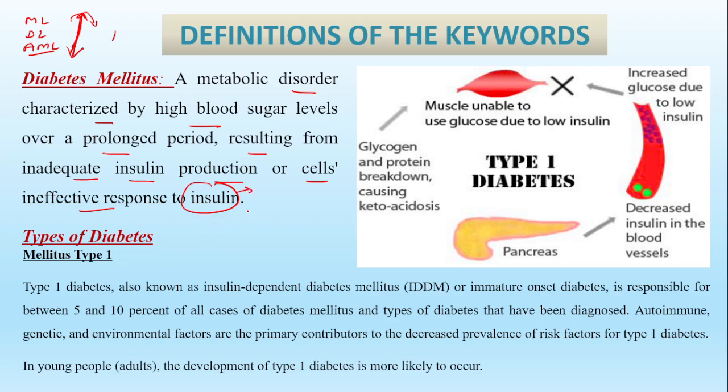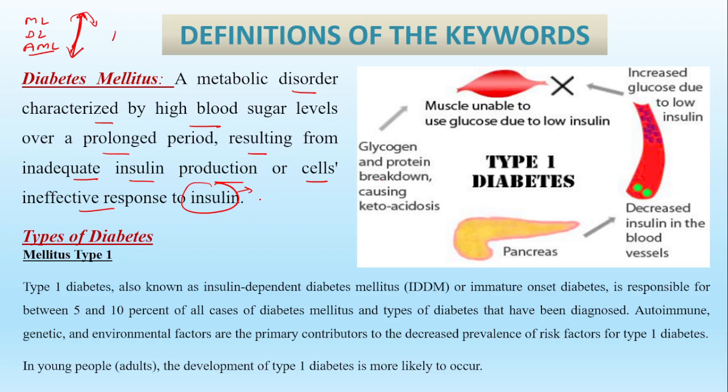Diabetes mellitus is a long-term health condition where the body has a high blood sugar level, due either to insufficient insulin production or to the body's inability to use insulin properly.